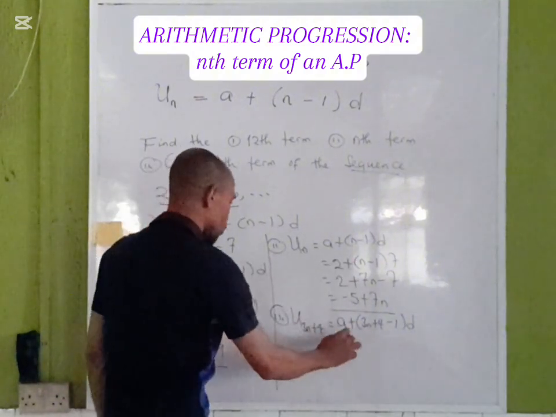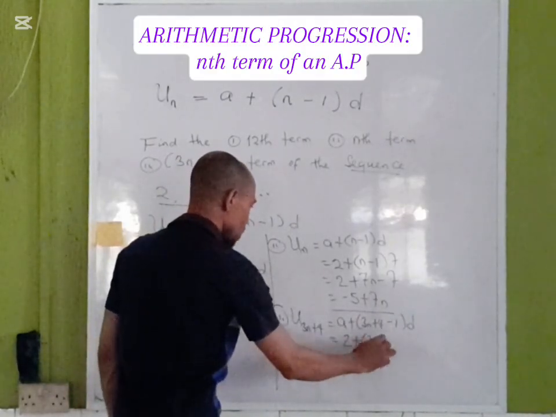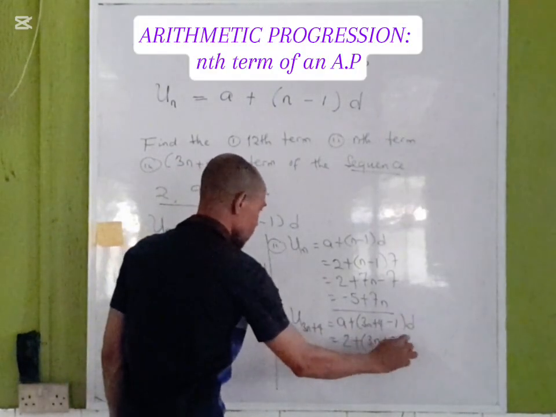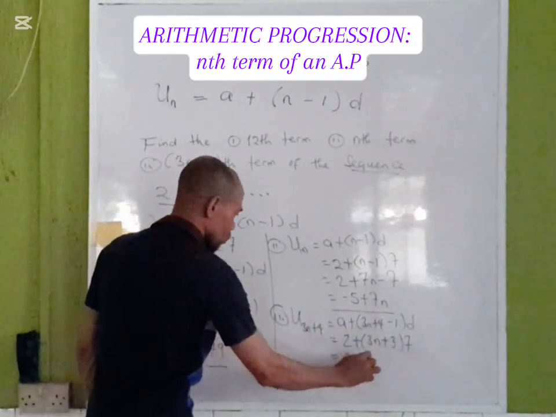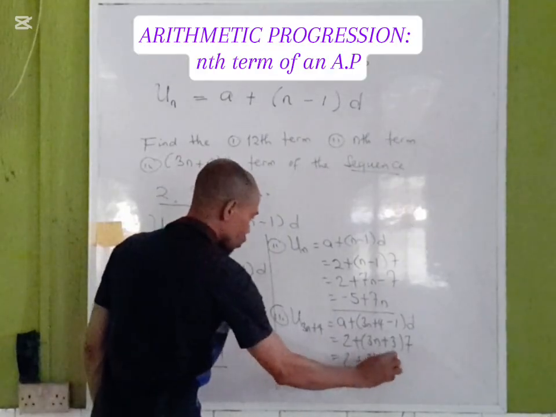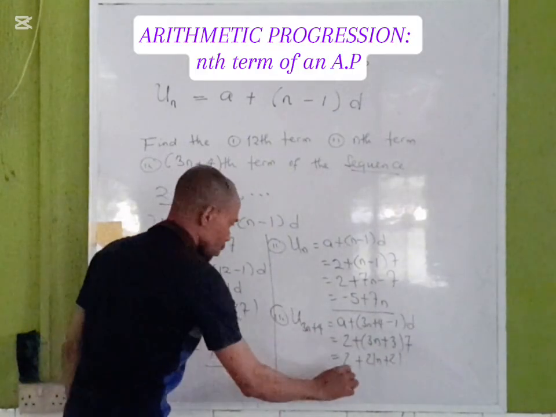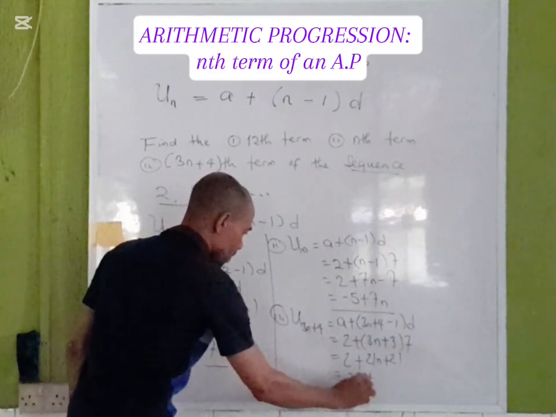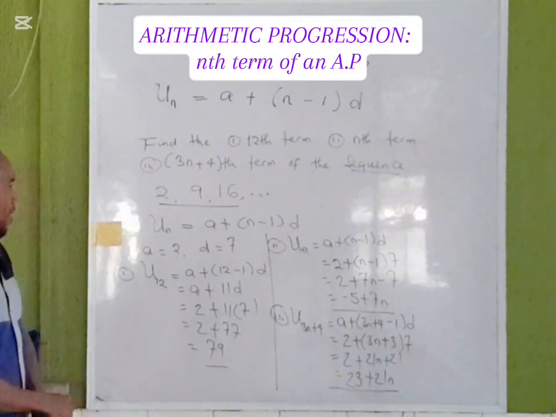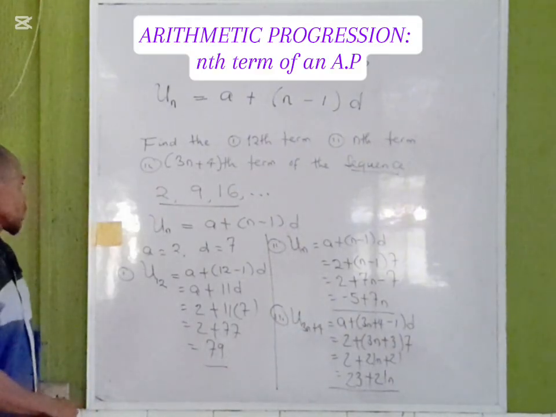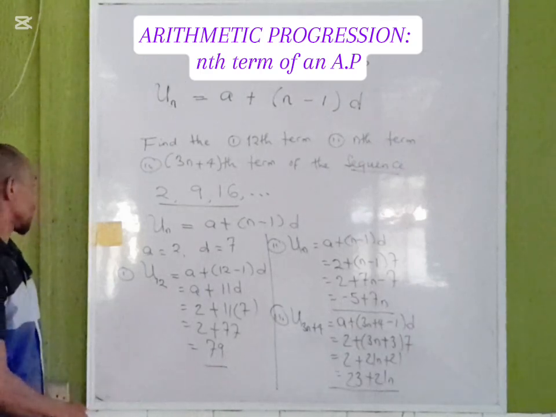So A is 2, so we have 3n, 4 minus 1 is plus 3, and D is 7. So we have 2 plus 21n plus 21. And collecting like terms, 2 plus 21 equals 23 plus 21n, and that is the 3n plus 4th term, which I believe is quite an interesting way to start.